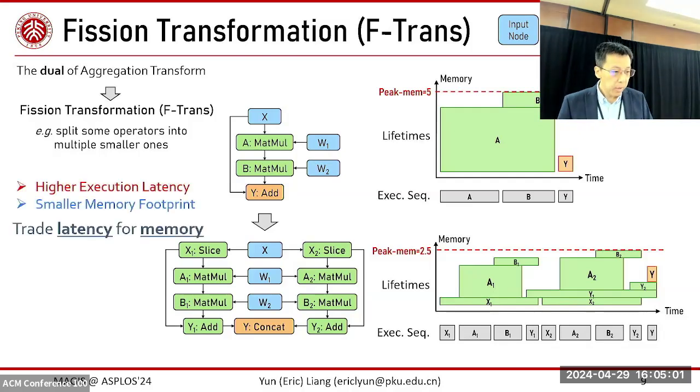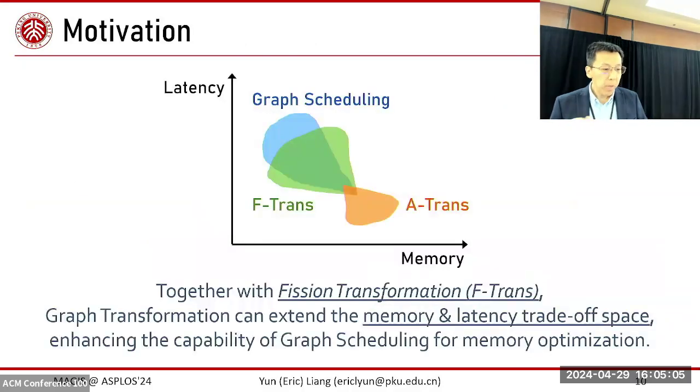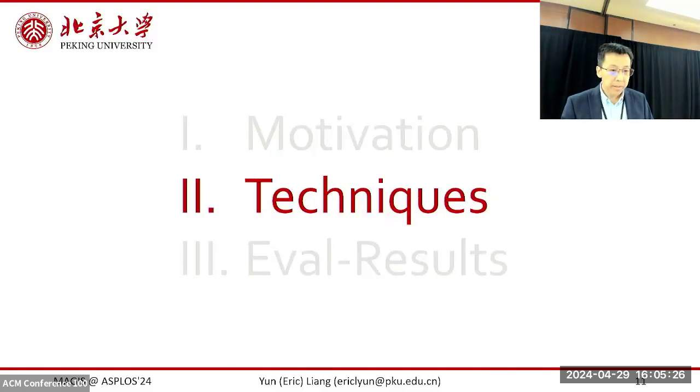So we can trade latency for memory. The goal of this paper is, by putting fission transformation, graph transformation, and graph scheduling all together, to extend the memory and latency design space trade-off, enhancing the capability of graph scheduling for memory optimization. And next, I will introduce the techniques.